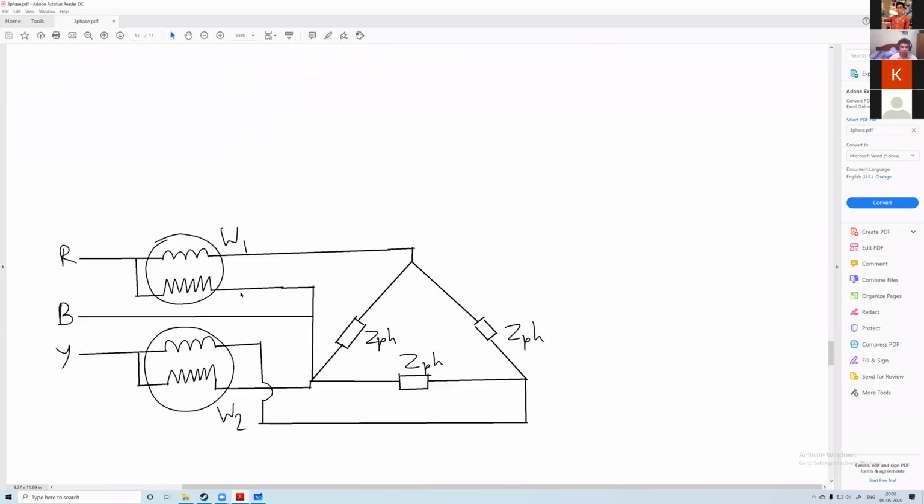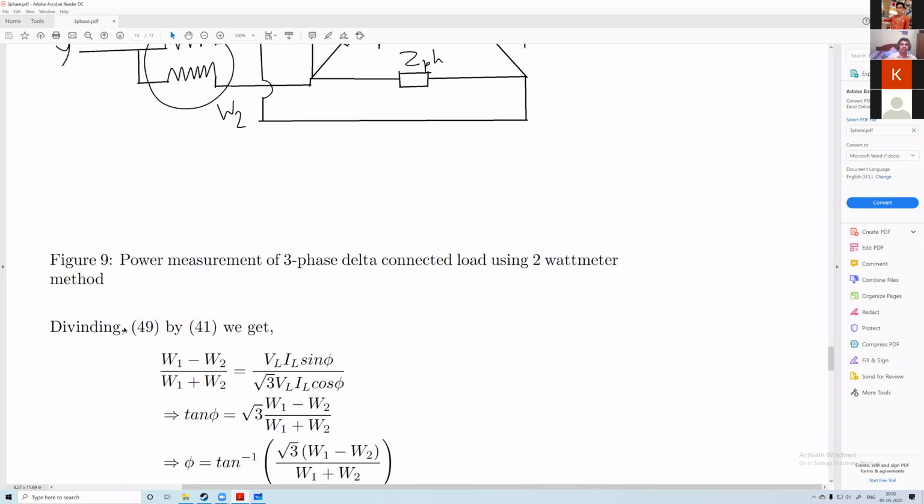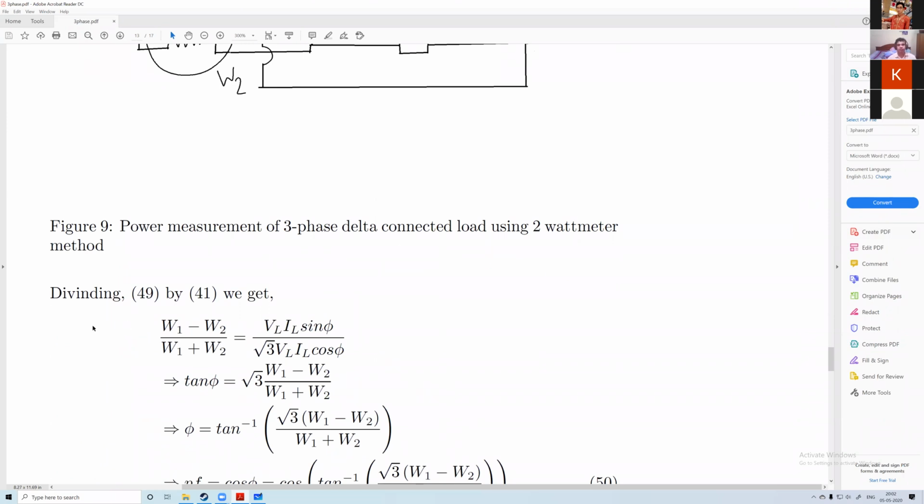So can we write this? W1 minus W2 is VL IL sin phi. W1 plus W2 is root 3 VL IL cos phi. So we can divide them. This part is okay.